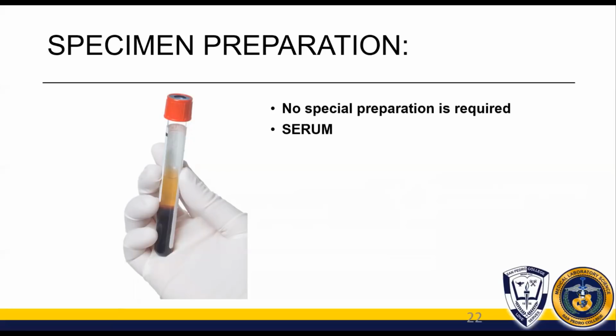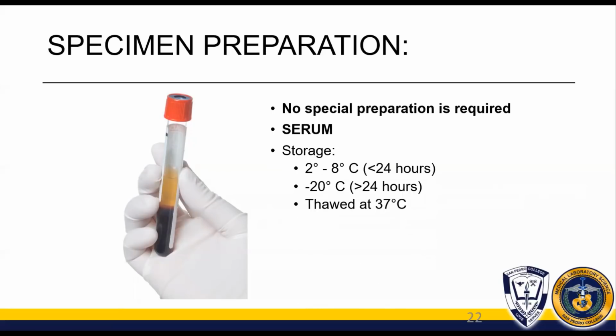Now, class, during testing, syempre dapat we process the samples right away. But if delay is anticipated, it is important to properly store your samples to avoid degradation of the antibodies. Now, if delay is less than 24 hours, you can simply place the serum sample in the refrigerator.